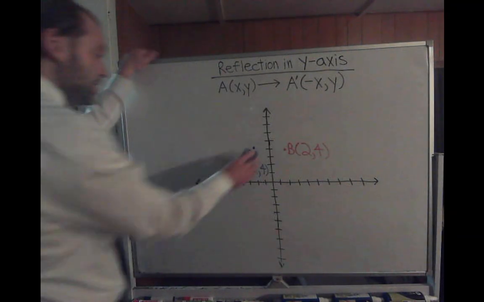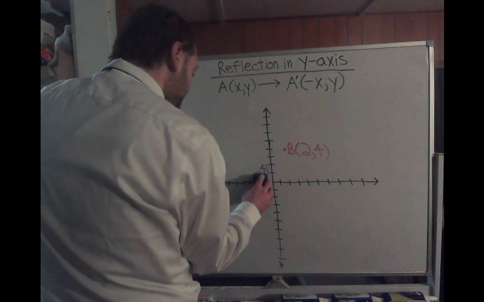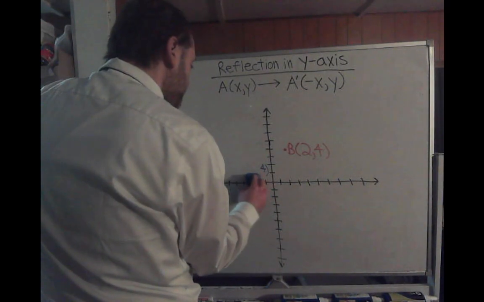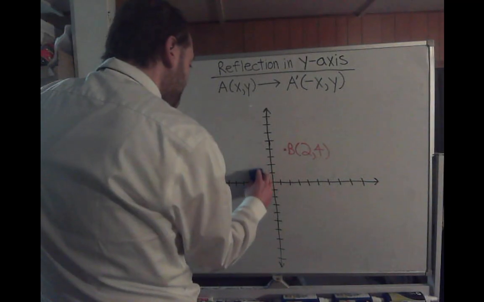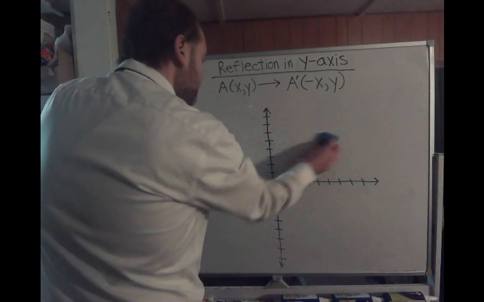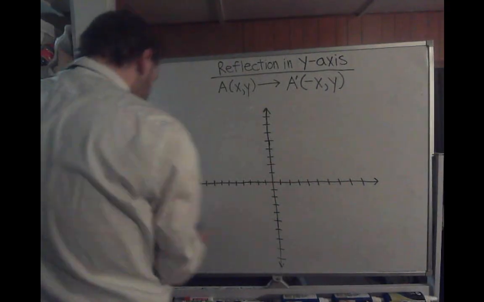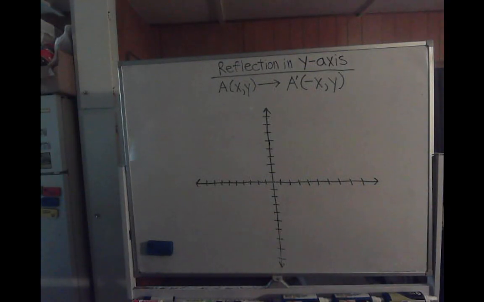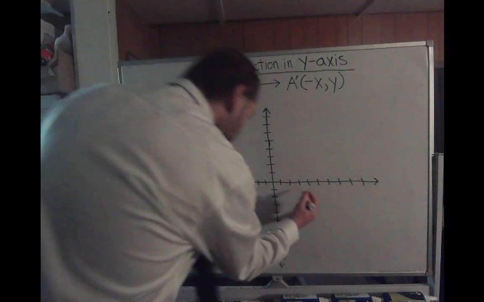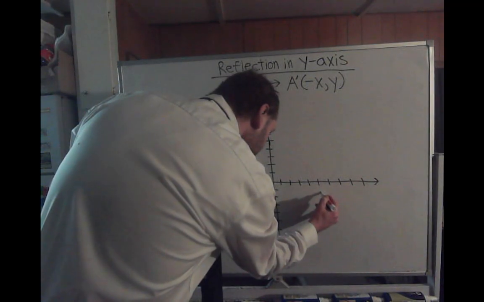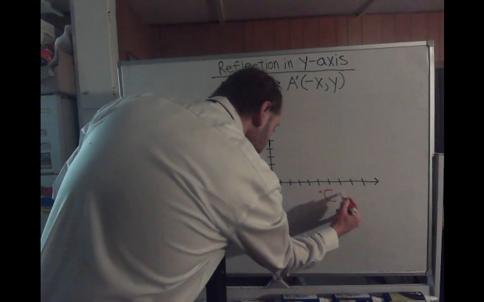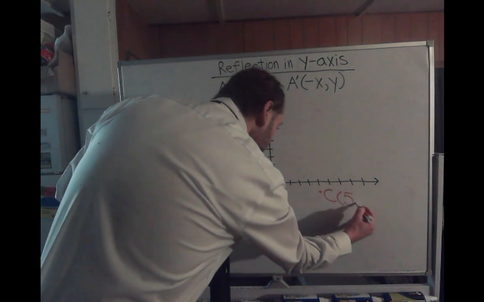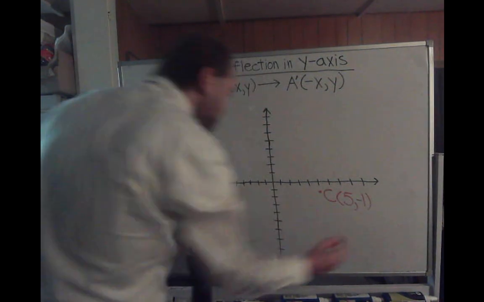Okay, let's do a point C. Point C is at 5, -1. So C can be found at the point 5, -1.